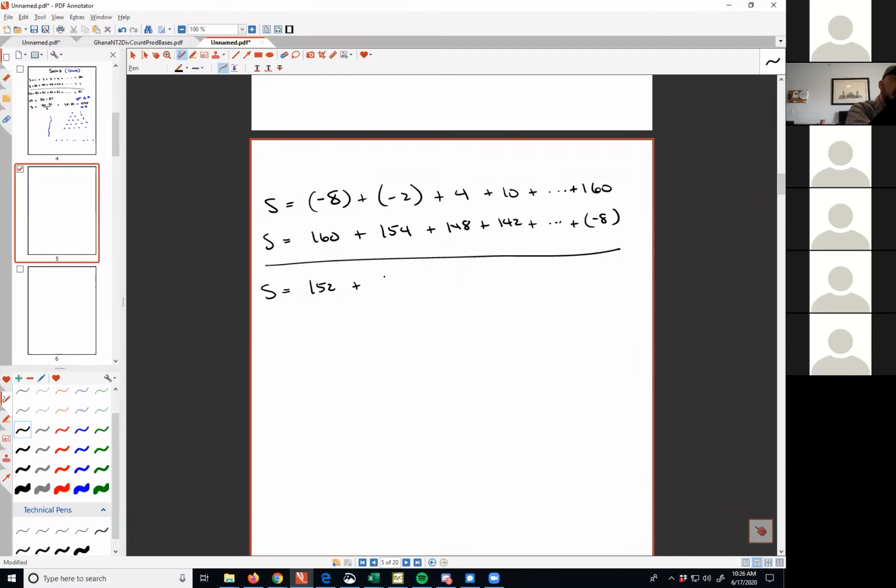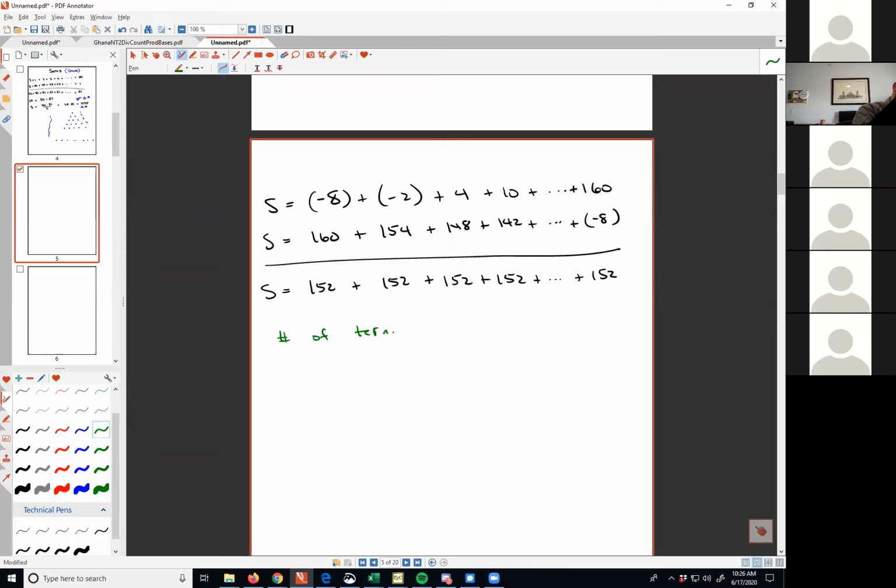So with this problem, we have a little bit of a difficulty that we did not have with the last one. What is that? We don't know the amount of terms. We still need to discover the number of terms.